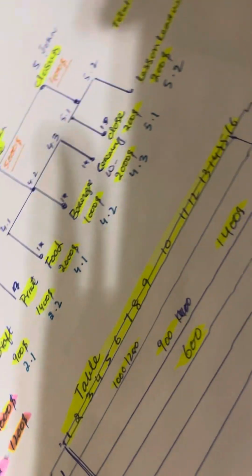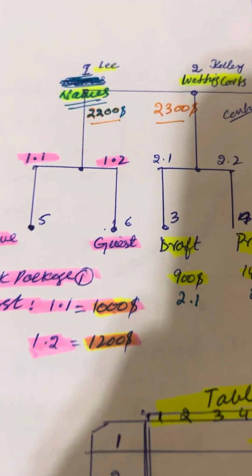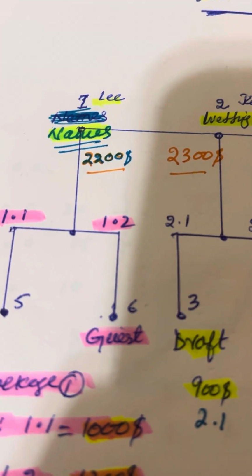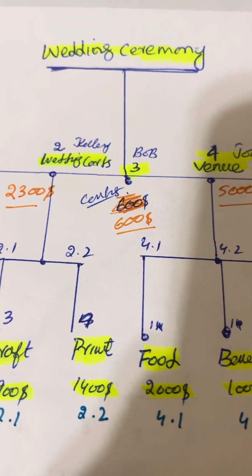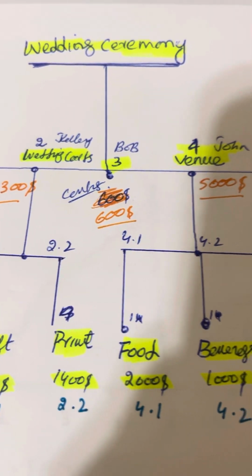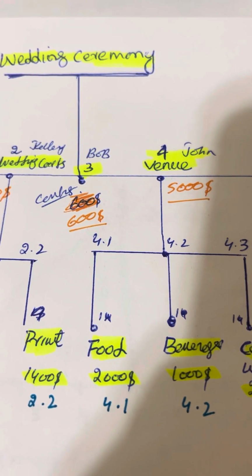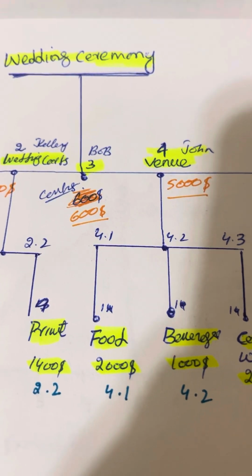So here is the wedding ceremony. The first deliverable is the names. We have to prepare the names, and then the next one is the wedding card or invitation card. The third one I put is contingency, which we put in the budget as our emergency fund.